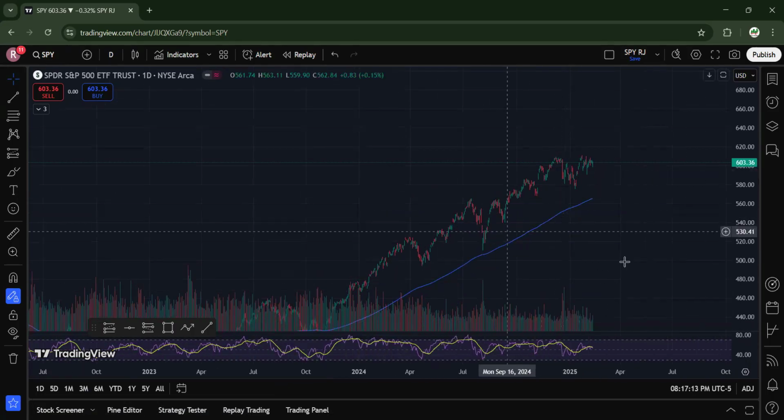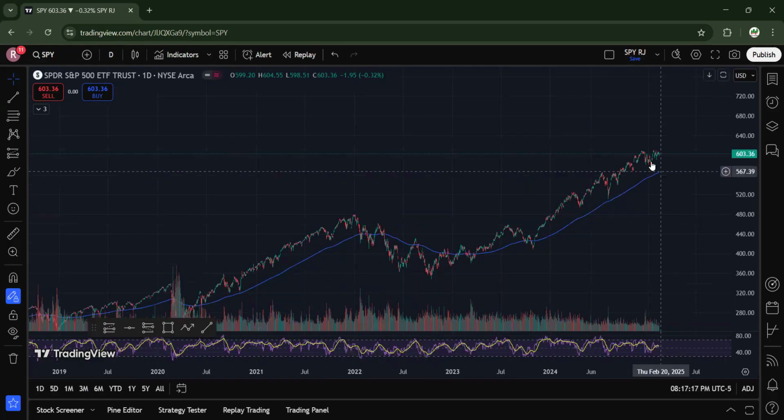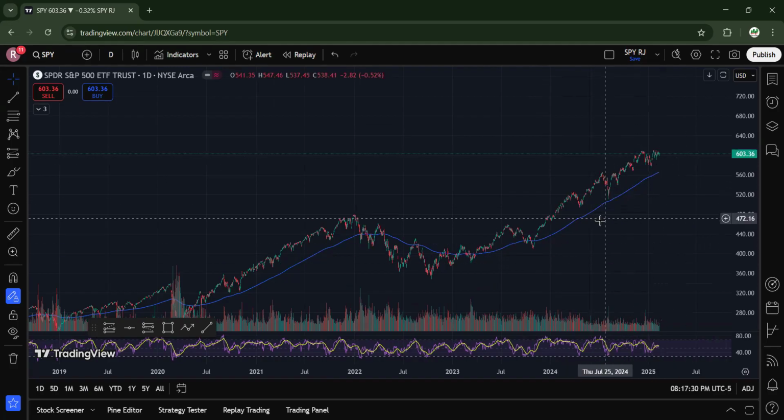Number one, you want to recognize the trend on the larger time frame. The trend here is obviously bullish because we've been making higher highs and higher lows for the most part. So we know the trend is upward.